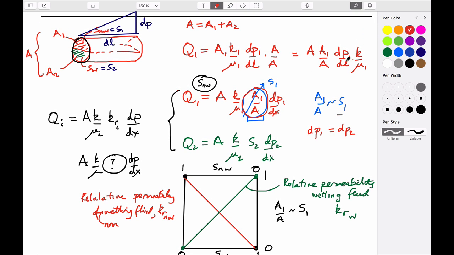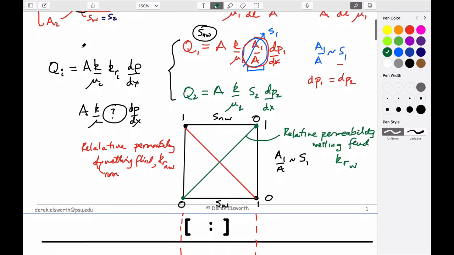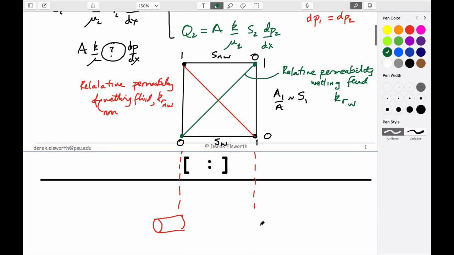Water is green, and non-wetting is red. Is that right? Yes. Okay. So in this particular case here, the saturation of water is 0, and therefore the whole cross-section of this would be the non-wetting fluid.